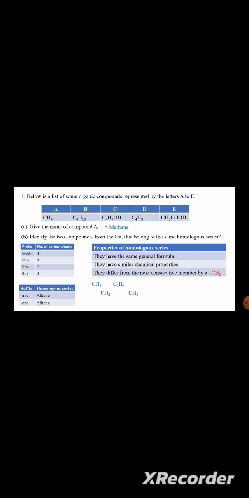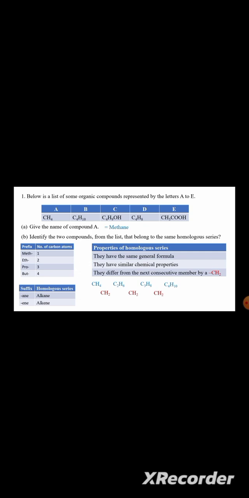Then the 6 hydrogen atoms plus the 2 hydrogen atoms gives C3H8, meaning 3 carbon atoms and 8 hydrogen atoms. Then we need 4 carbon atoms because B and D have 4. So we add the same because they differ only by this. Therefore, when we add, we have 4 carbon atoms and 10 hydrogen atoms.